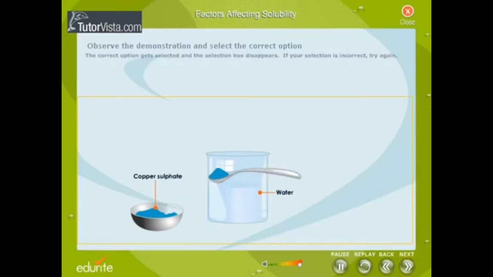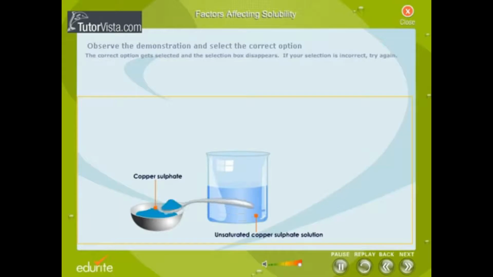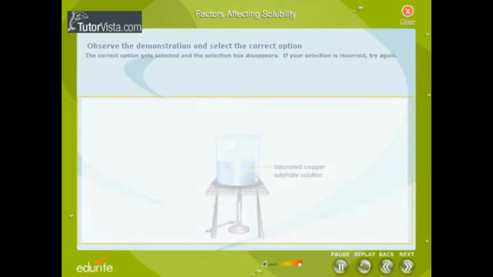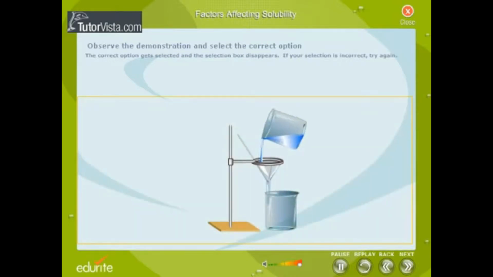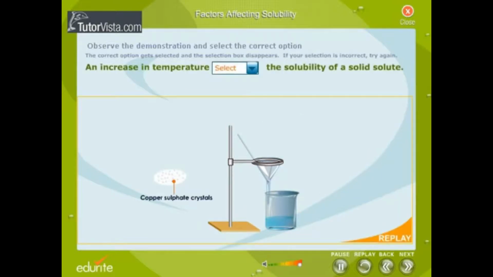Observe this demonstration. What can you conclude from the experiment? Click on the appropriate words.